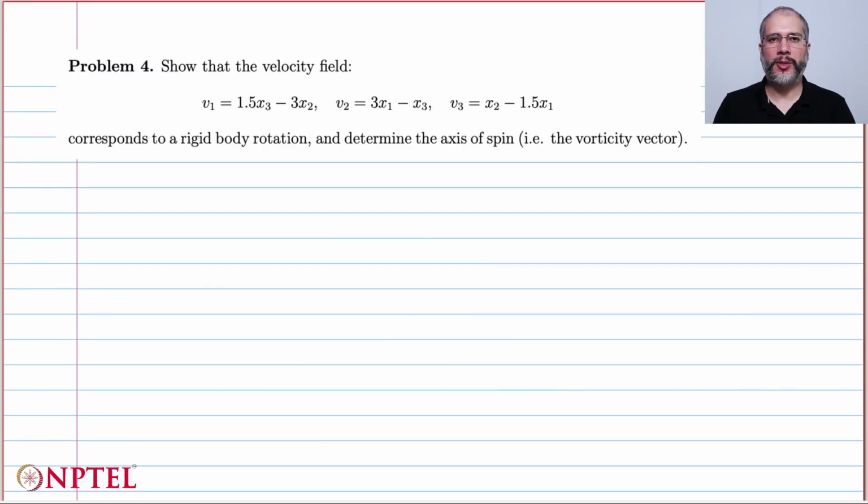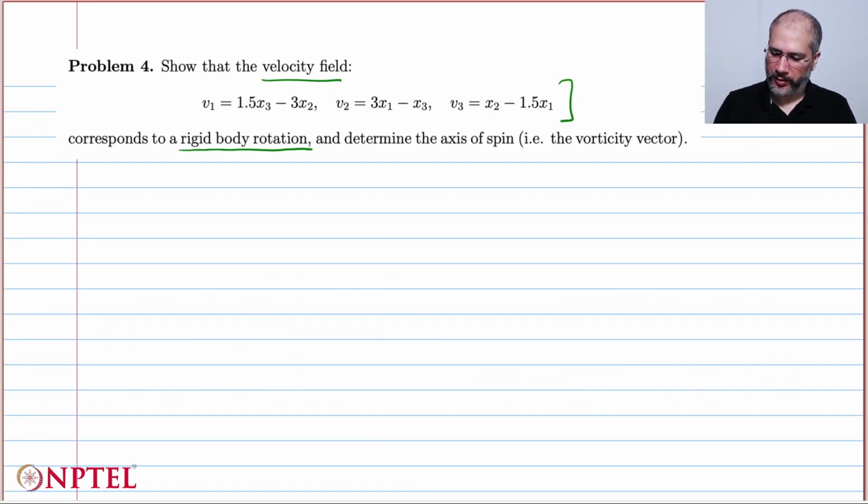So now let us discuss problem 4. We have a velocity field that's given like this, and it's given that it corresponds to rigid body rotation, although it's not required because we can find the velocity gradient tensor and identify ourselves whether it is rigid body rotation or not, but that's already given.